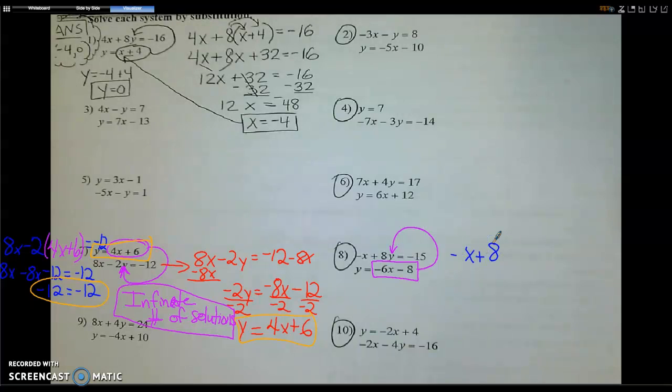I'm not going to put y. I'm going to put what y equals, negative 6x minus 8, equals negative 15. Solve it. That will give you what x equals. Then you're going to take what x equals and substitute it right here in for this equation.